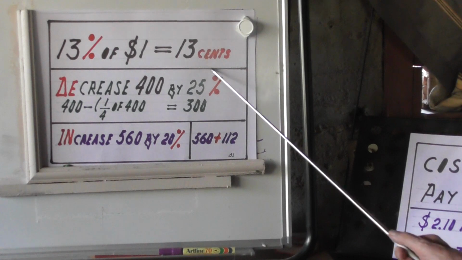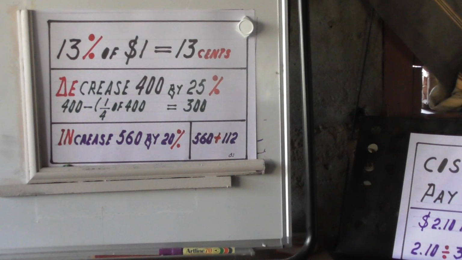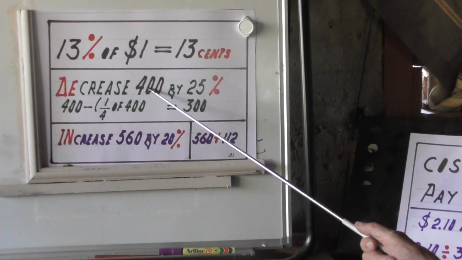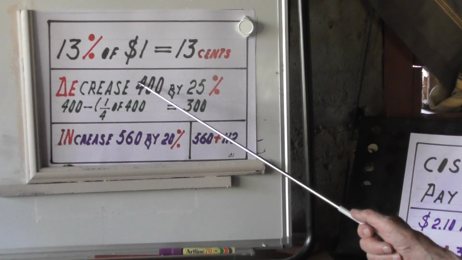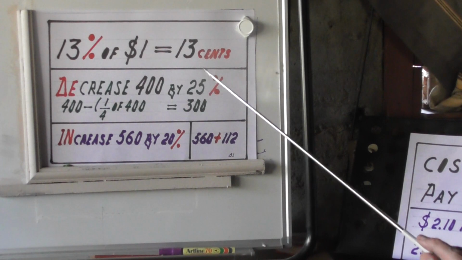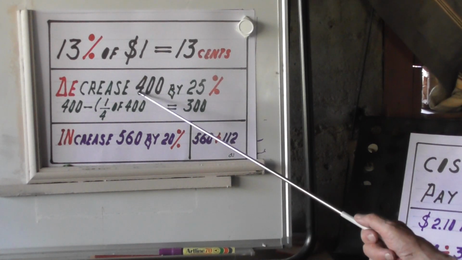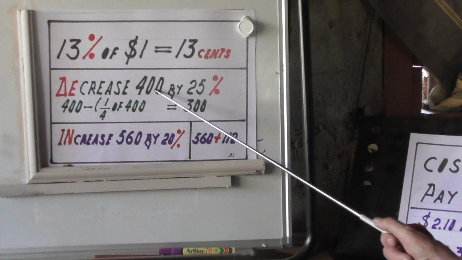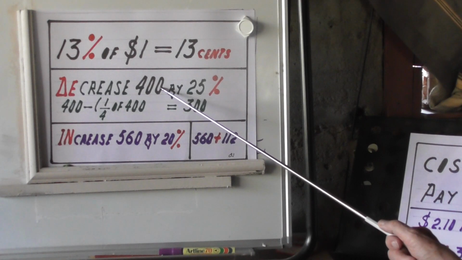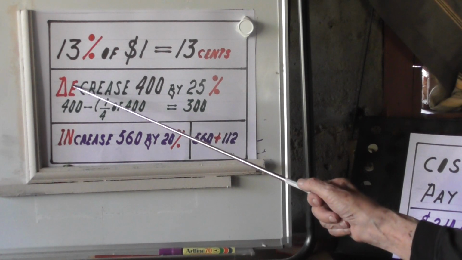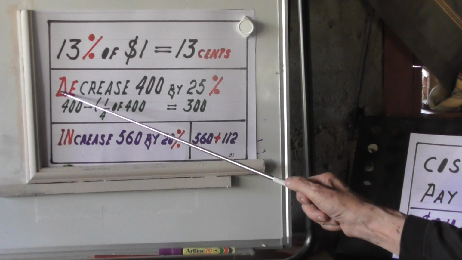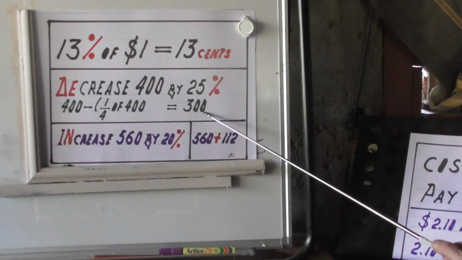But those have to be learned separately. So we have to decrease 400 by a quarter. Now a quarter of 400 is 100. Decrease means 400 less 100, so that's 300.